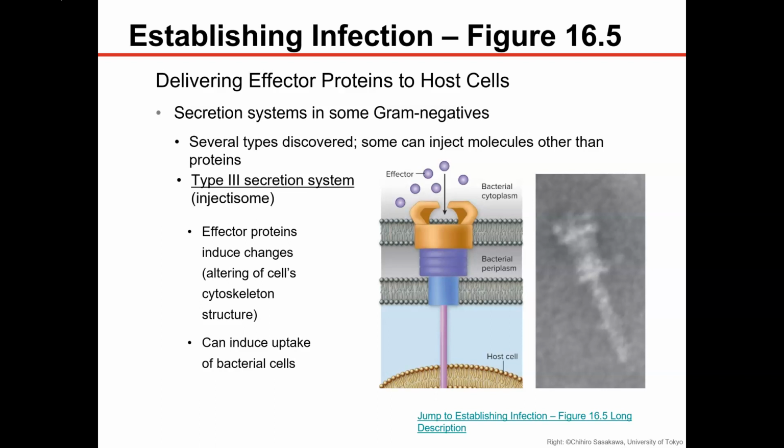And so there are different mechanisms of releasing chemicals. Gram-negative bacteria have a specialized secretion system known as an injectosome, which allows the bacteria to release chemicals directly into the cell. This alters the cytoskeletal structure and causes the cell to take in the bacteria.